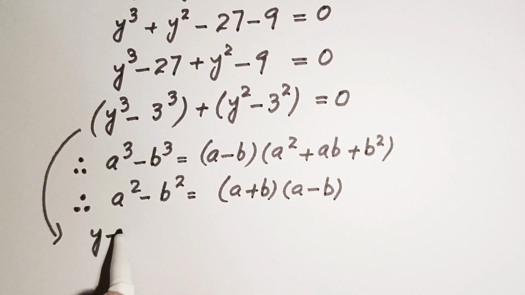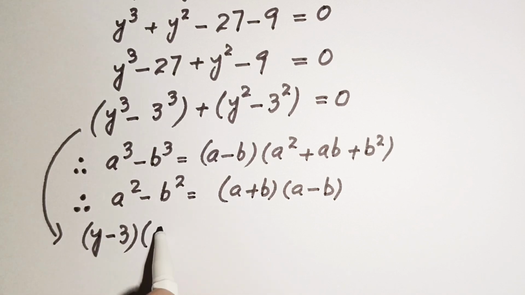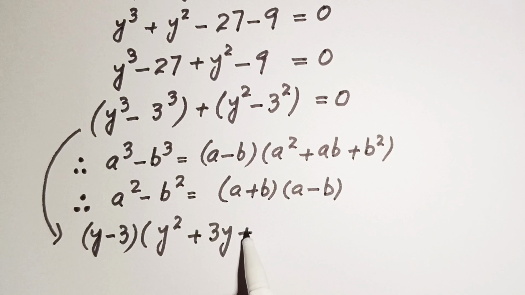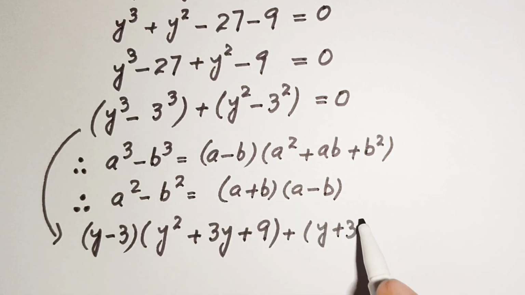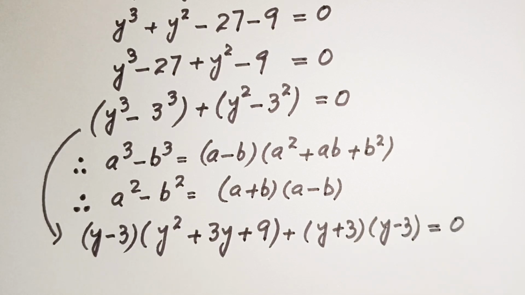So using both these formulas in our problem, y cubed minus 3 cubed will be y minus 3 times y squared plus 3 times y plus 3 squared, which is 9. Similarly, plus here we have y squared minus 3 squared, which is y plus 3 times y minus 3, that is equal to 0.